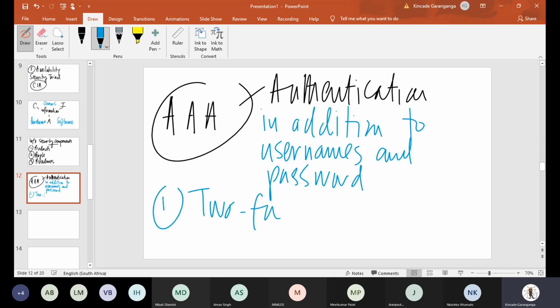So two-factor authentication, and normally this can be either a token or a smartphone app.